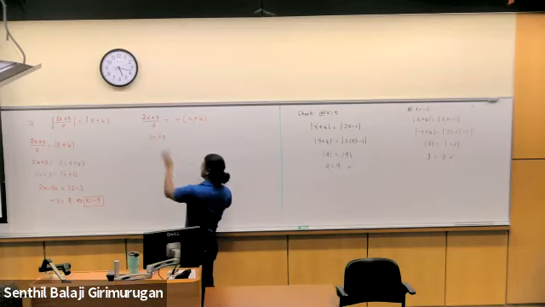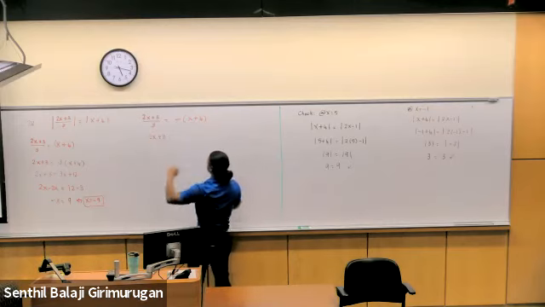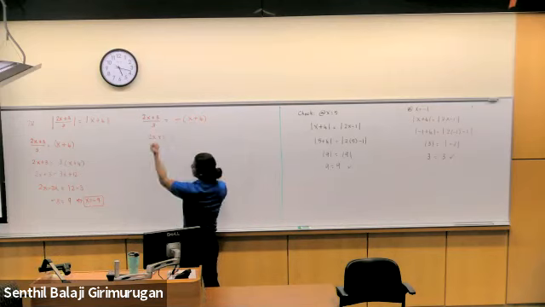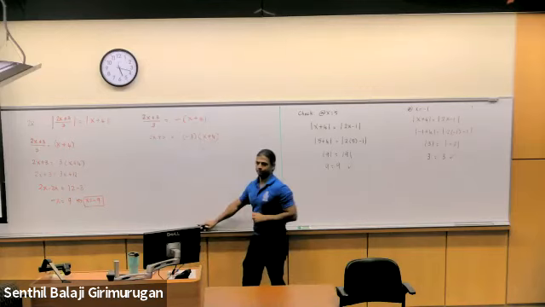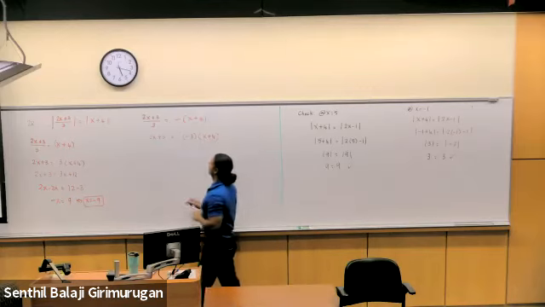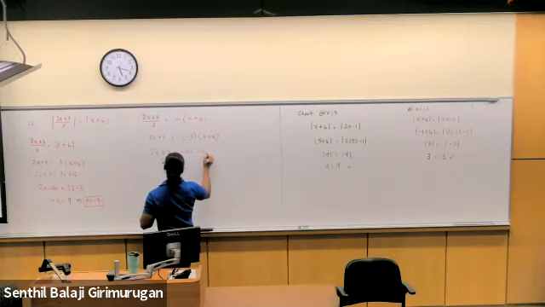Same thing, multiply by 3 on both sides. 3 here will get cancelled. Negative times 3 is negative 3, multiplied by x plus 4. Yes. So 2x plus 3 is equal to minus 3x minus 12.